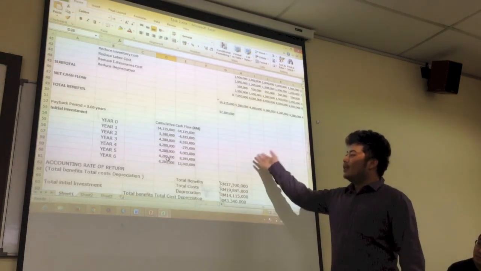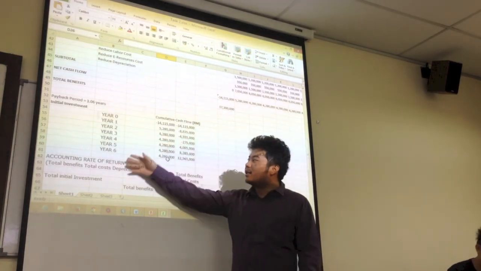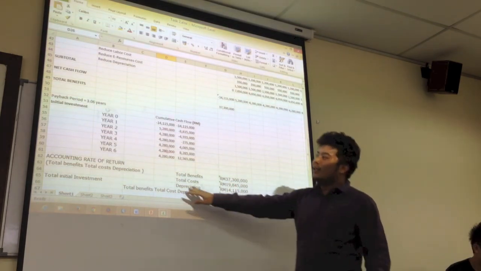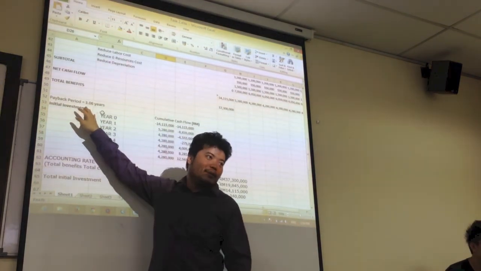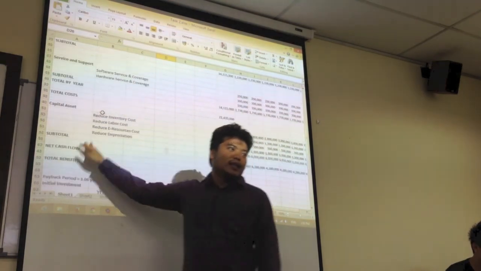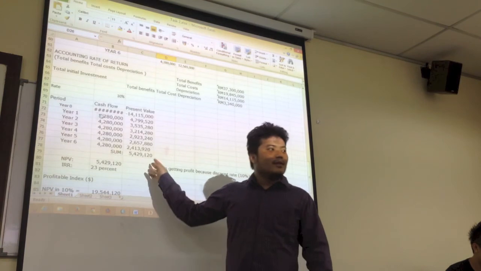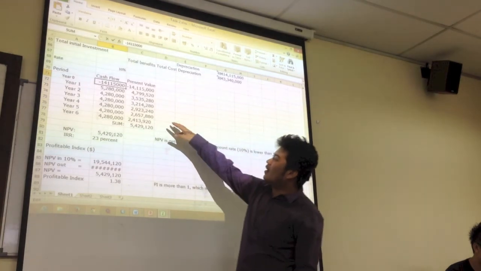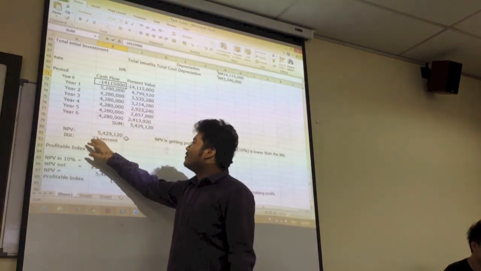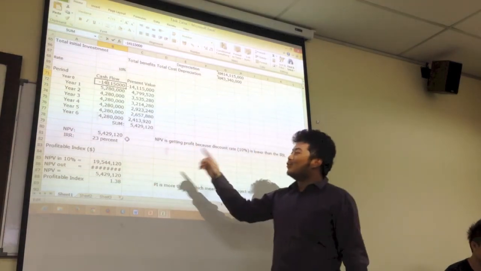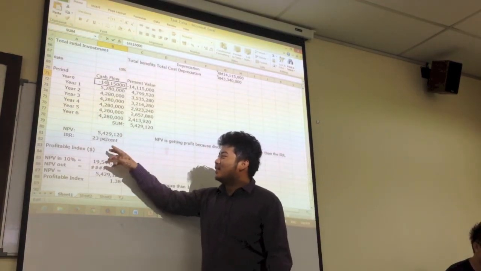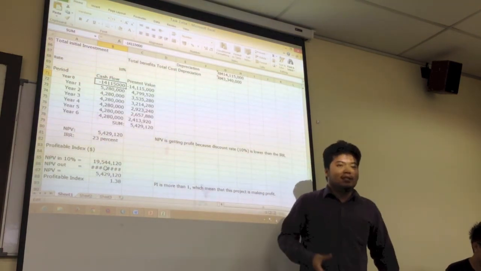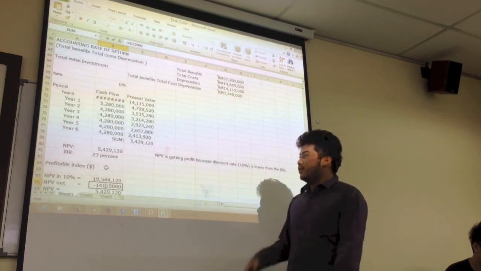Here you can see the accounting rate of return, with the total benefit and the total cost here. The payback period will be 3.06 years, meaning that it's about 3 years and 1 month. The total NPV is 5,429,120. The IRR is 23%, meaning that the investment that you invest in will get back 23% more in return.